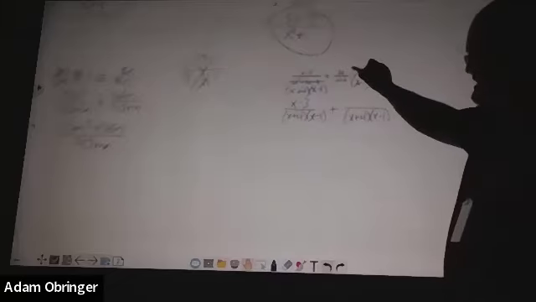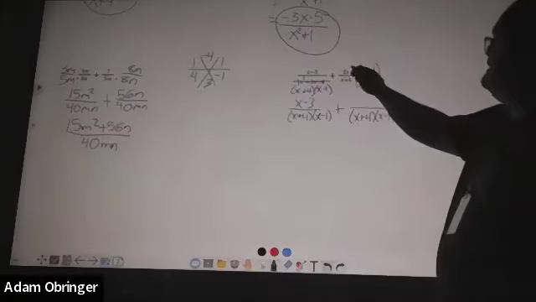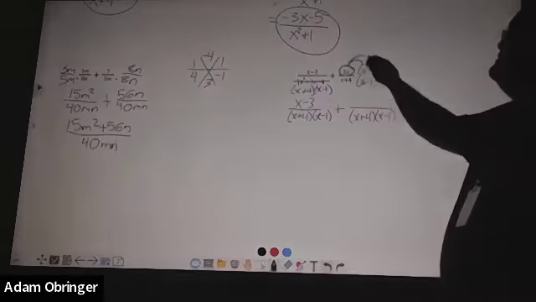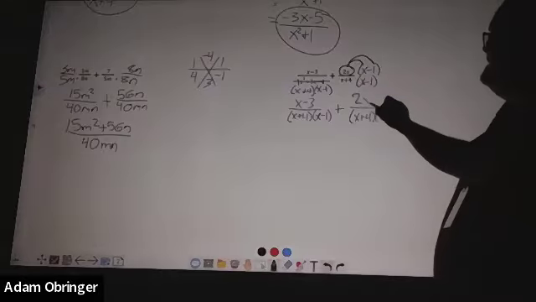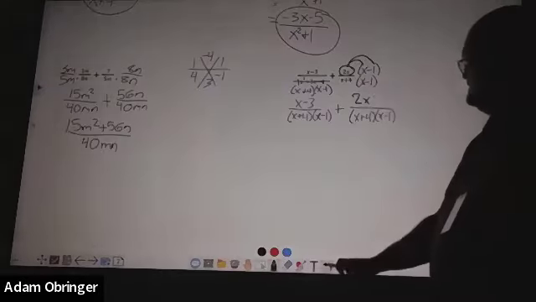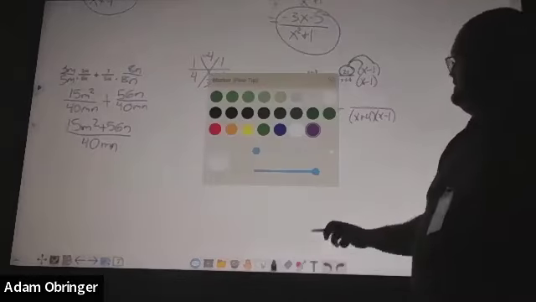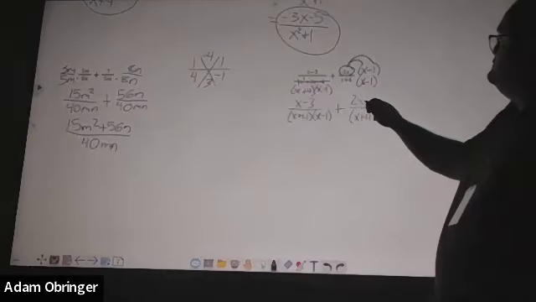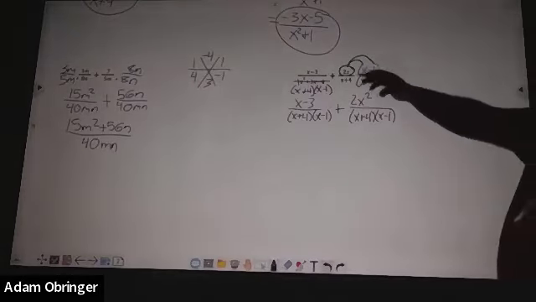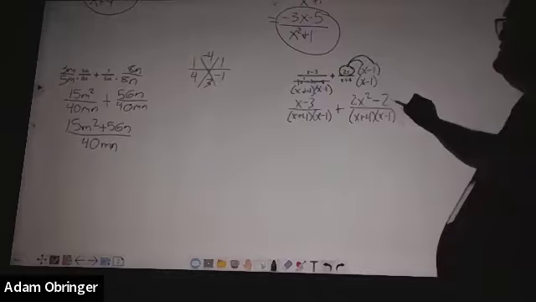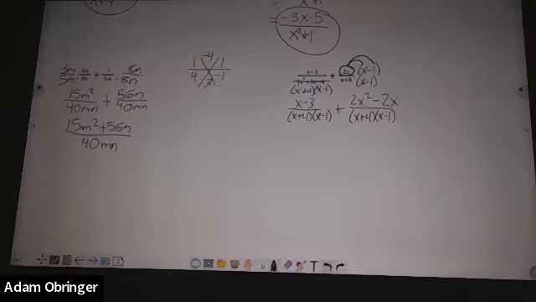The way that I'm going to do that is by distributing the 2x to each of those terms in the parentheses. 2x times x gets me a 2x squared. And of course, it's green because why not? 2x squared. And then 2x times -1 is minus 2x.